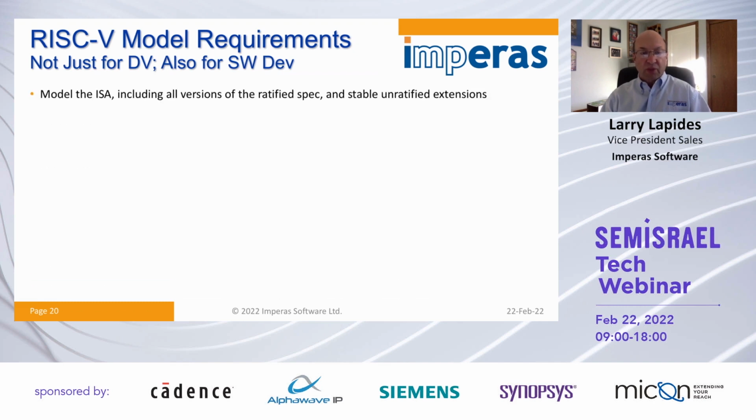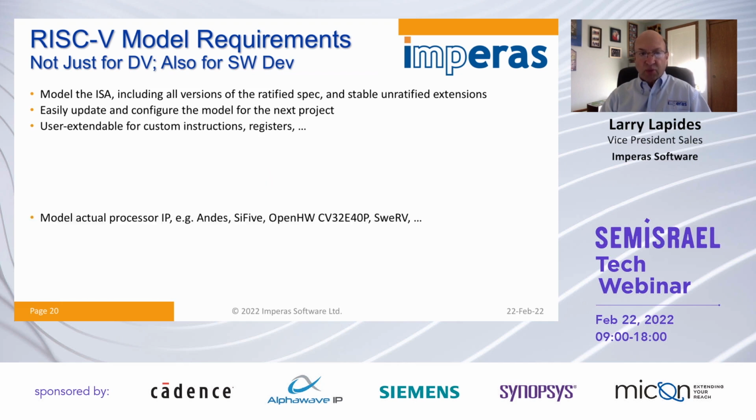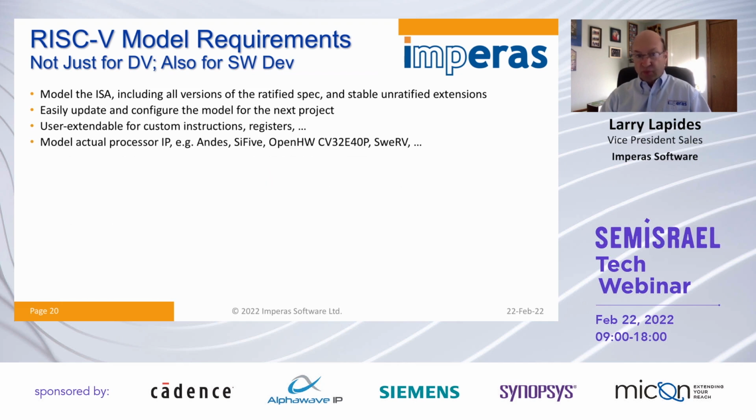So what do you need to do? You need to model the ISA, including all versions of the ratified spec and the stable unratified extensions. You need to easily update and configure the model for the next project. Needs to be user extendable. Need to be able to model actual processor IP.